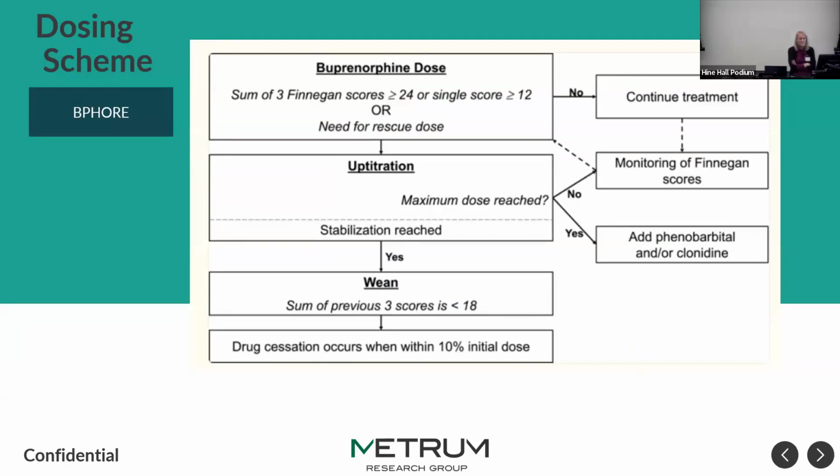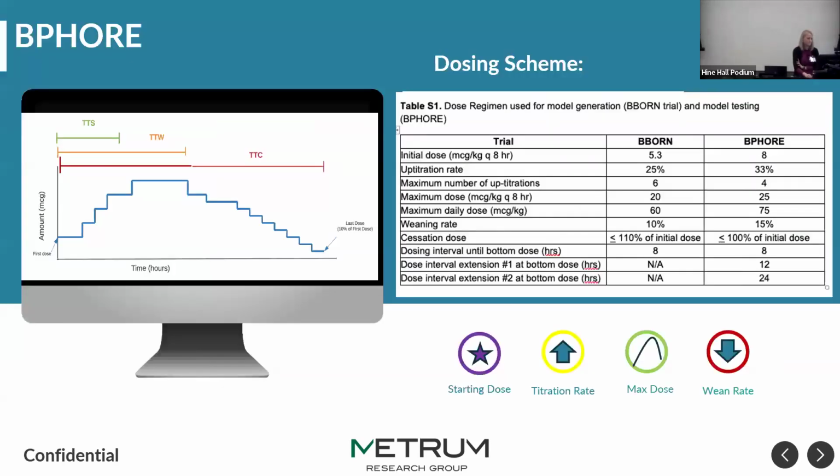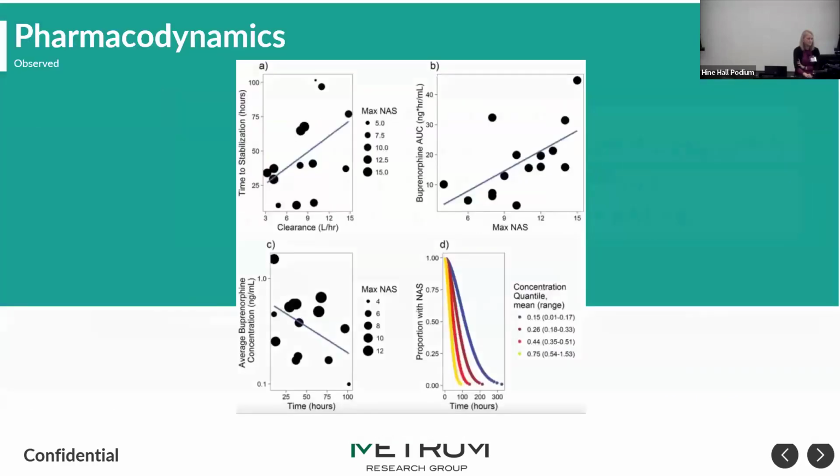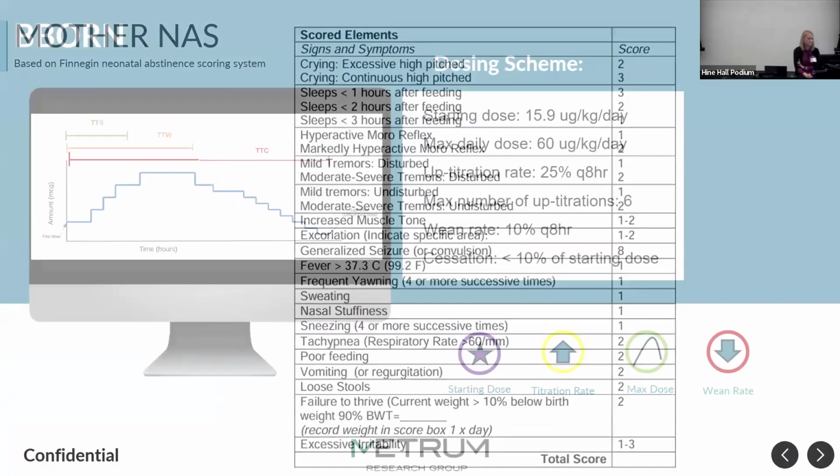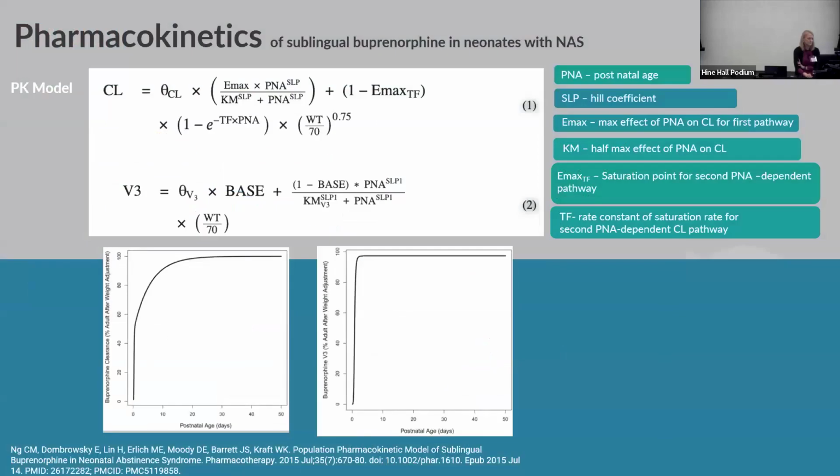If I can ask a question regarding your covariates for clearance and volume, there's weight as a covariate, and my question is, is that weight at birth or current weight over the time of measuring the concentrations? That is probably the baseline weight. Okay.